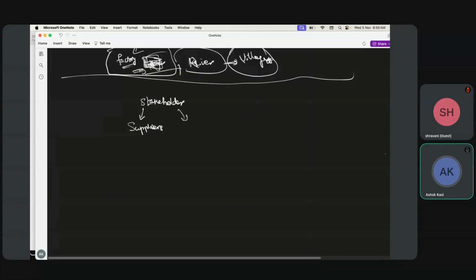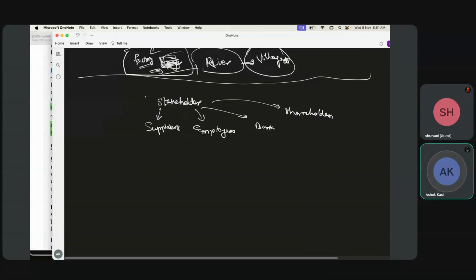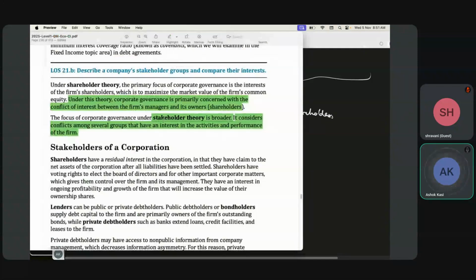Stakeholder will include employees. Then stakeholders will include a bank which has given a loan. So stakeholder will include shareholders. So everybody will have their own expectations. That is called stakeholders theory.